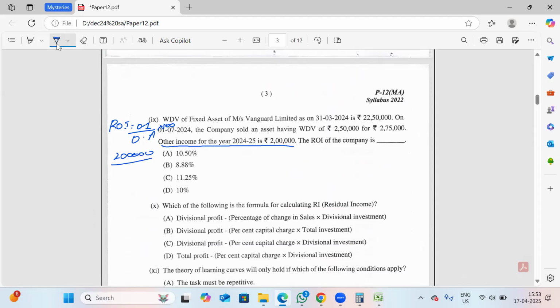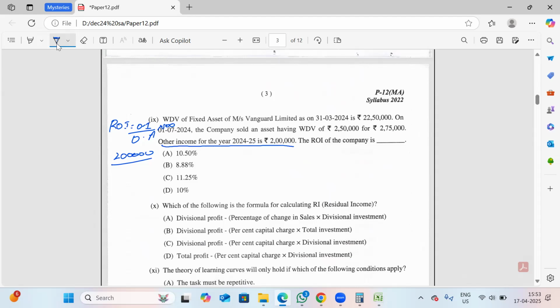And operating asset. So how much will be our asset? That is for 24-25. So 22 lakh 50,000 was the opening balance, that is on April 2024. During the year we have sold 2 lakh 50,000, right? So 22 lakh 50,000 minus 2 lakh 50,000.